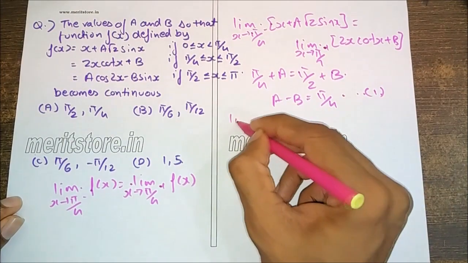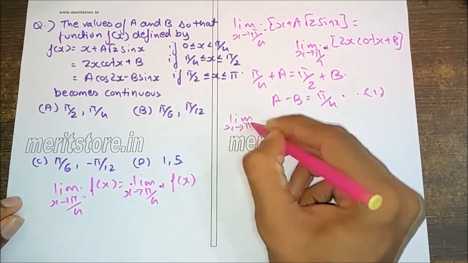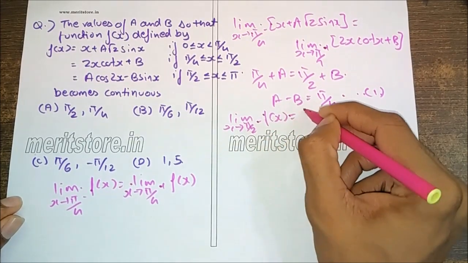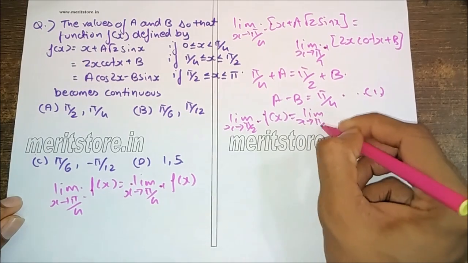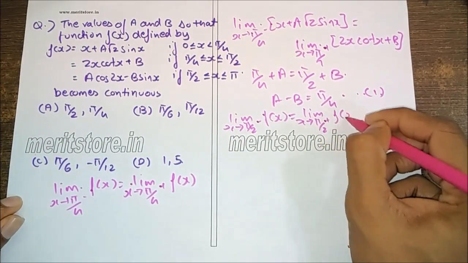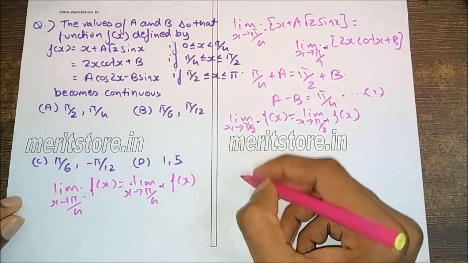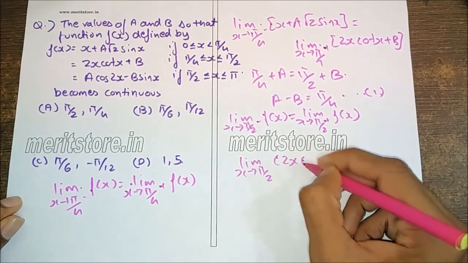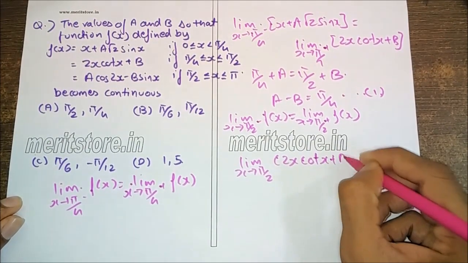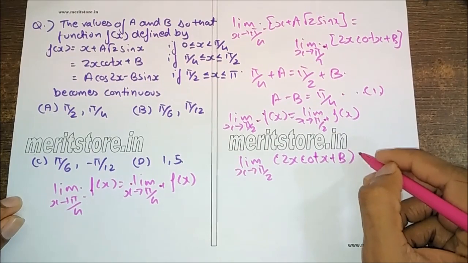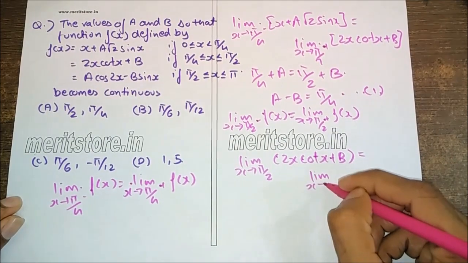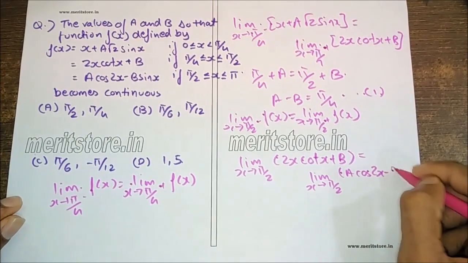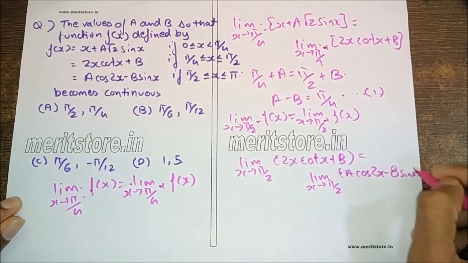So we see limit x tends to pi by 2 from the left hand side of f of x is equal to limit x tends to pi by 2 from the right hand side of f of x. We get limit x tends to pi by 2 2x cot x plus b, which is equal to limit x tends to pi by 2 a cos 2x minus b sin x.